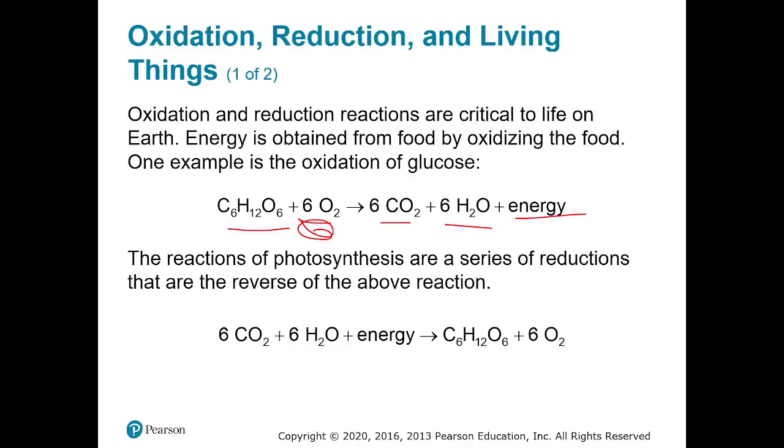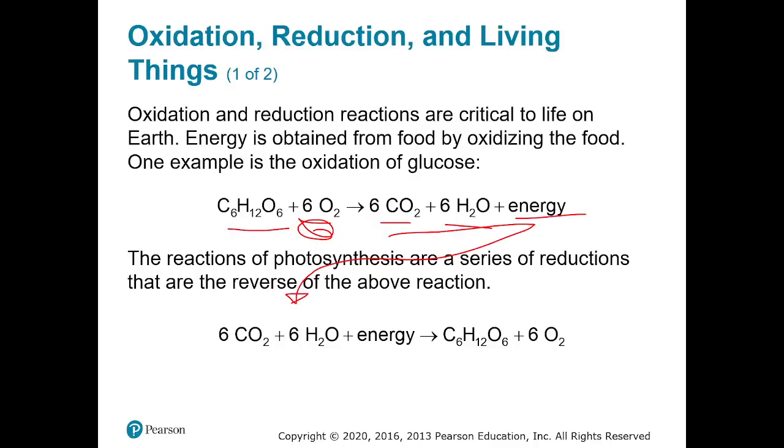The reactions of photosynthesis are going to be a series of reductions. These are going to be the reverse of the reaction above, so you can see it's basically this in reverse. We take CO2 from the atmosphere in a photosynthetic environment, using something like a plant that does photosynthesis.